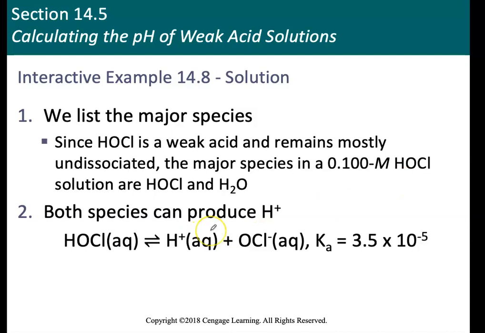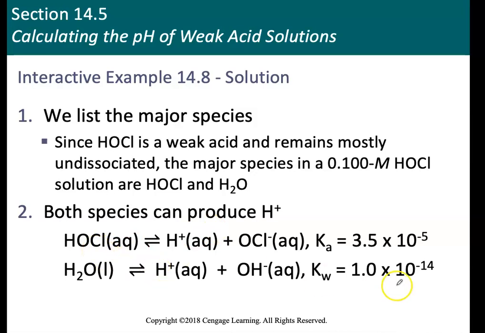So both species can produce H plus, from the hypochlorous acid and also from water. Notice the two: this is the Ka of the hypochlorous acid, and this is the Kw of water.